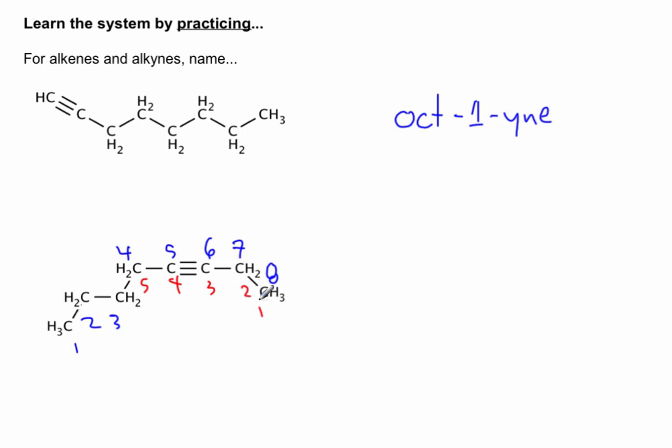So already you can see I'm going to start numbering this way to minimize the position of the bond. And so the triple bond is on carbon 3, and it's an 8 carbon compound, so it's oct-3-yne. So there is an isomer of the molecule above. That's why you have to position the bond and indicate it with a number, isomers.